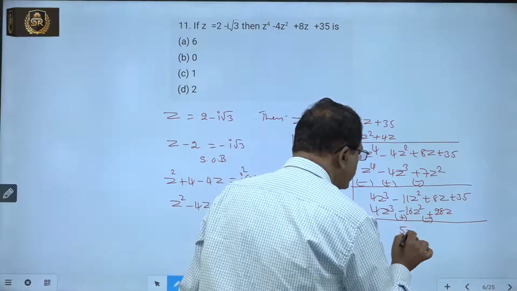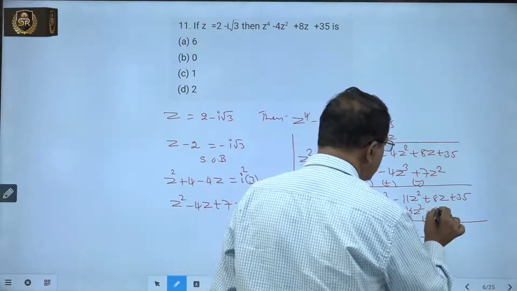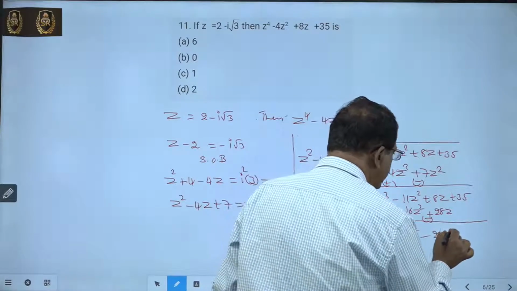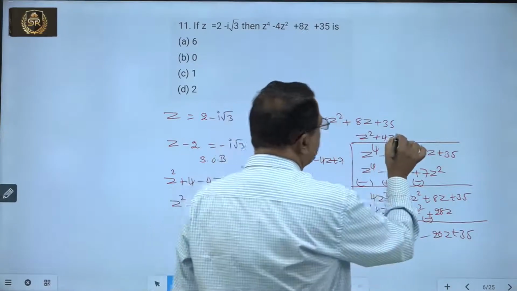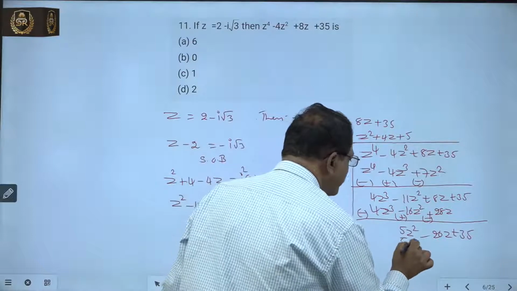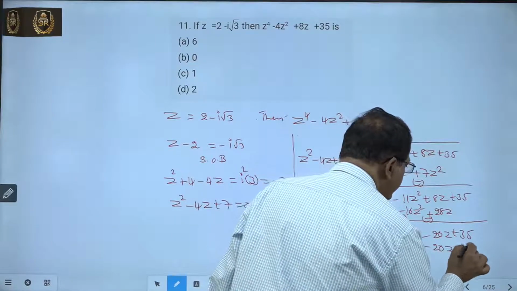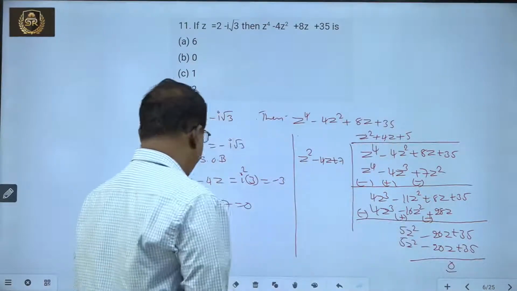That equals 5z square minus 28 minus 20z plus 35, next plus 5 multiplied with 5z square minus 20z plus 35. Now, remainder is 0.